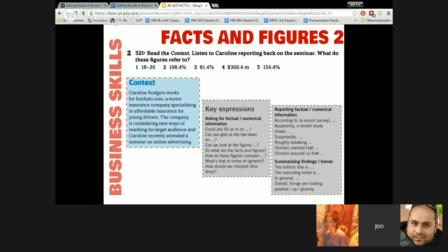The bottom line, from the 4,500 people, 80% of these people, 18%? 80, sorry, 80% read this blog.